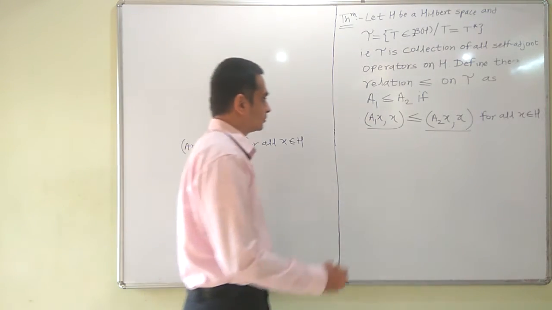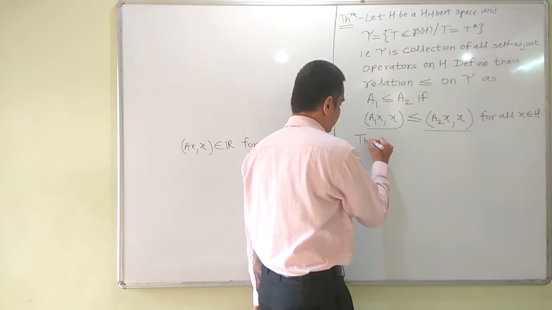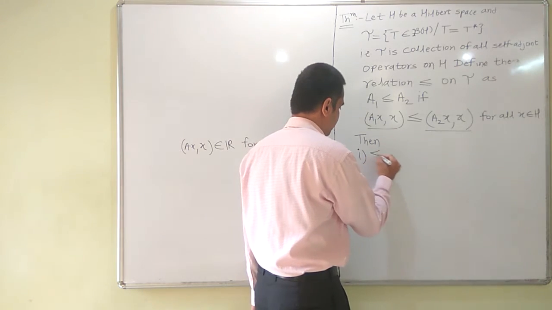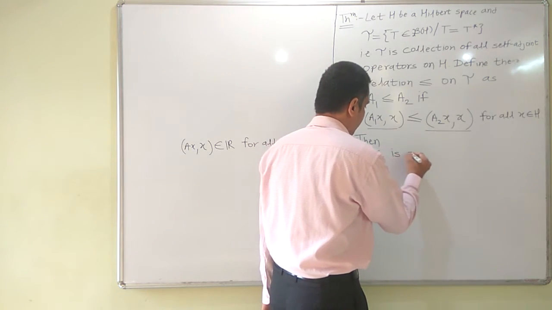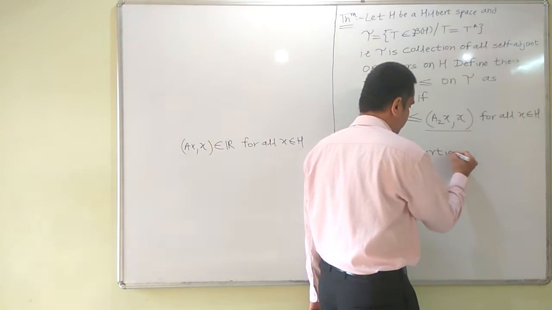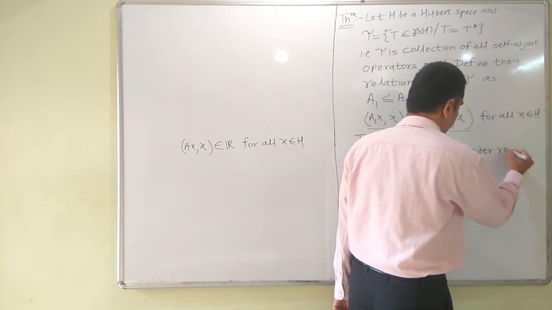So consider this relation. Then we have to prove three facts. First, it is a partial order relation on tau.